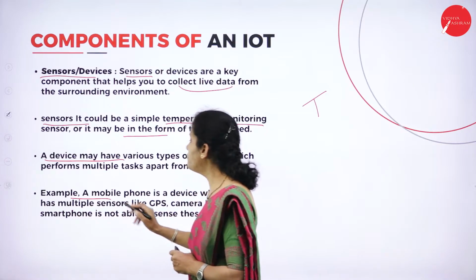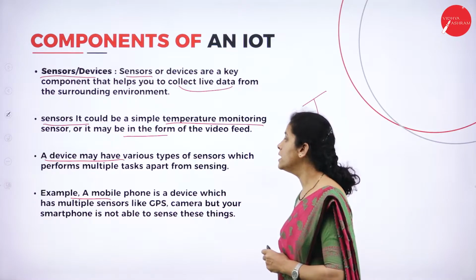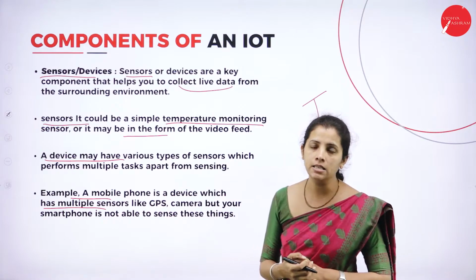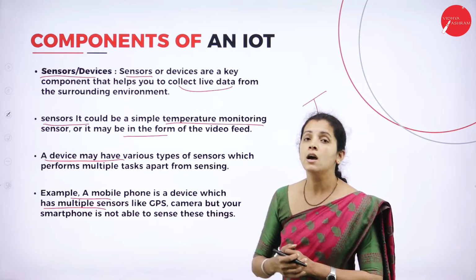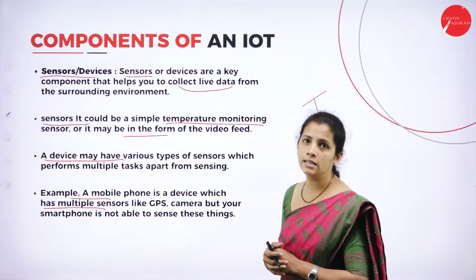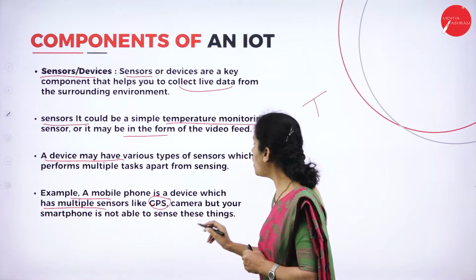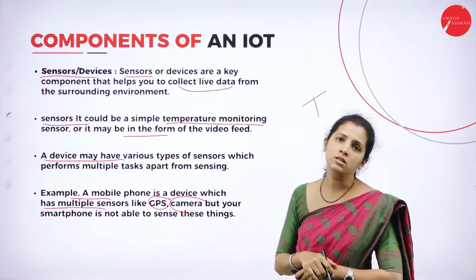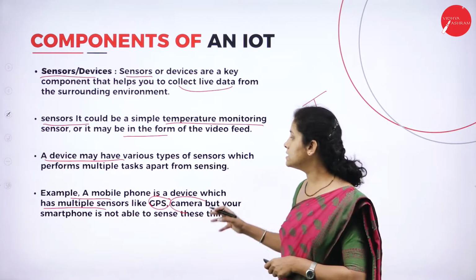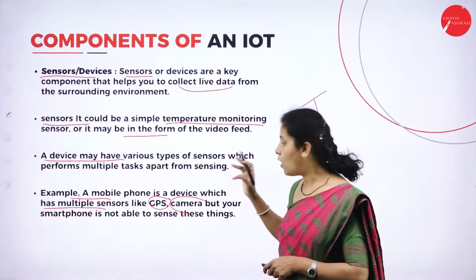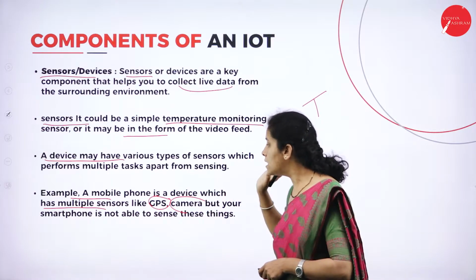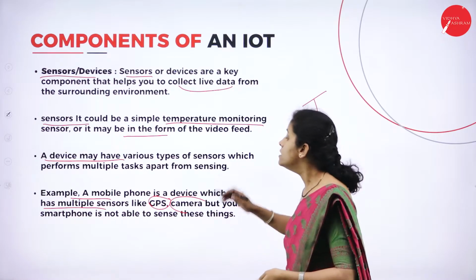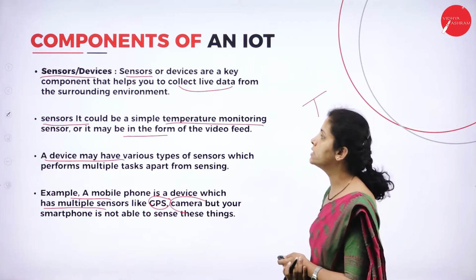For example, a mobile phone is a device which has multiple sensors, like GPS or camera. But the job of the GPS as well as the camera is different. That is not a sensor used to sense the things.